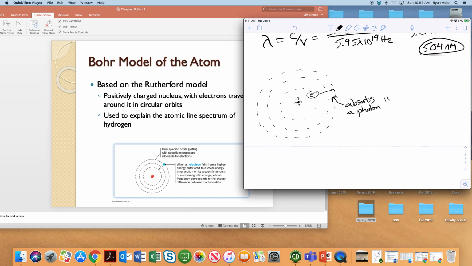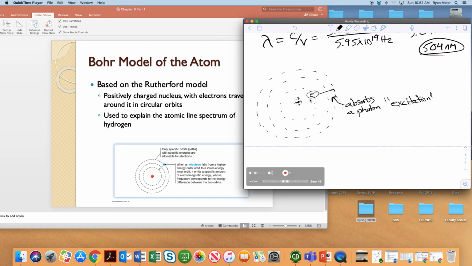We call this process excitation. So if our atom absorbs a photon of light, we say this electron can be excited from one of these inner orbits to an outer orbit. The closer you are to the nucleus, the more stable that is. So when an electron goes to a higher orbit, we often call it a higher energy orbit, because it's less stable at a higher energy. That's how atoms can absorb light.